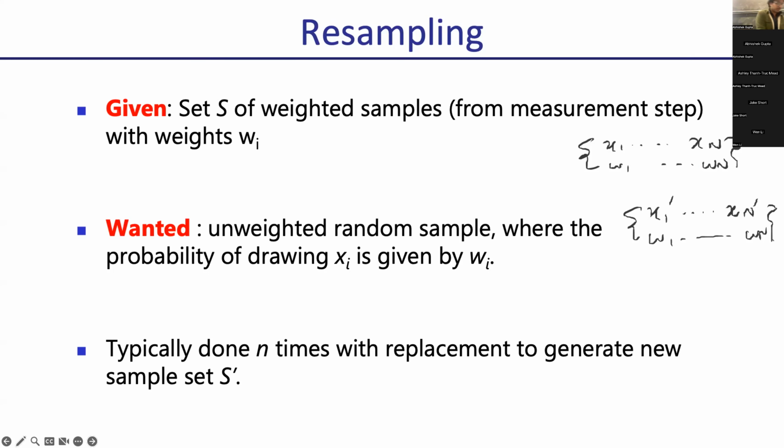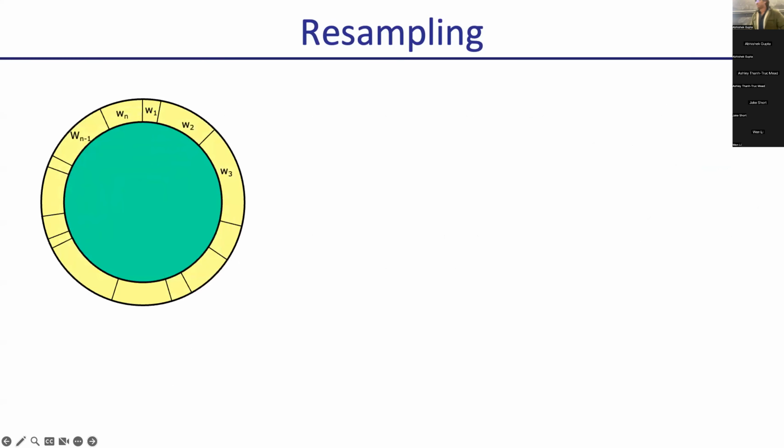Really we want to figure out this procedure, which is going to allow us to do this n different times so that we can get a whole set. The strategy we're going to use is super simple. It's just spinning a roulette wheel, random sampling. We make a roulette wheel where the arc length corresponds to the weights. Things that have higher weights have higher arc length, and things that have lower weights have lower arc length.